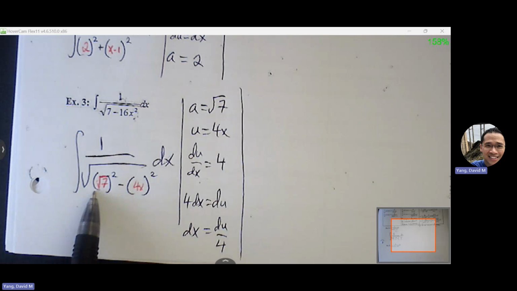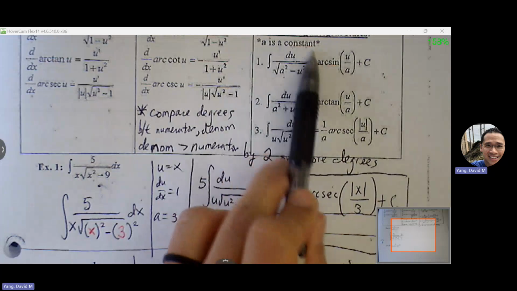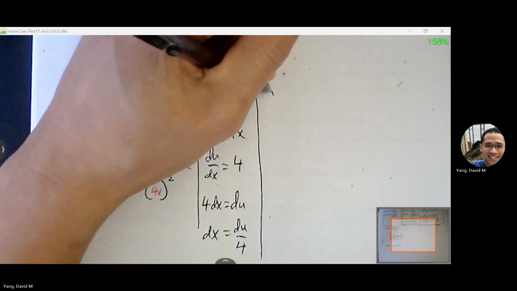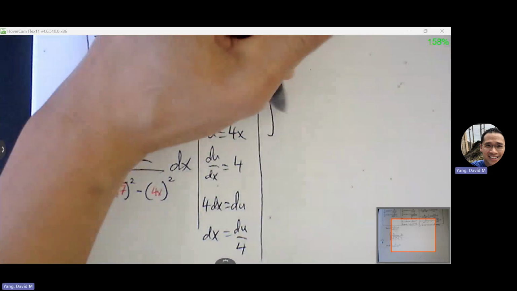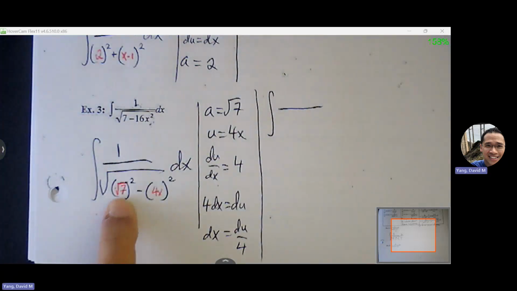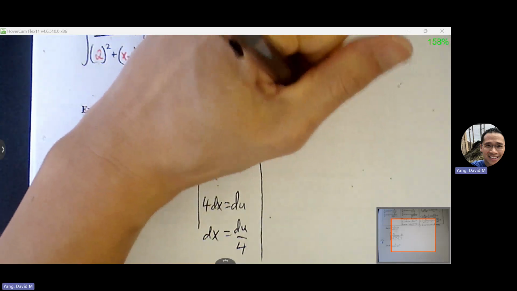Okay, so this is a good fit for arcsine because it's going to be a squared minus u squared. So I should be able to get it to look like this here. I'll replace the square root of this with a squared. So square root of a squared minus u squared.